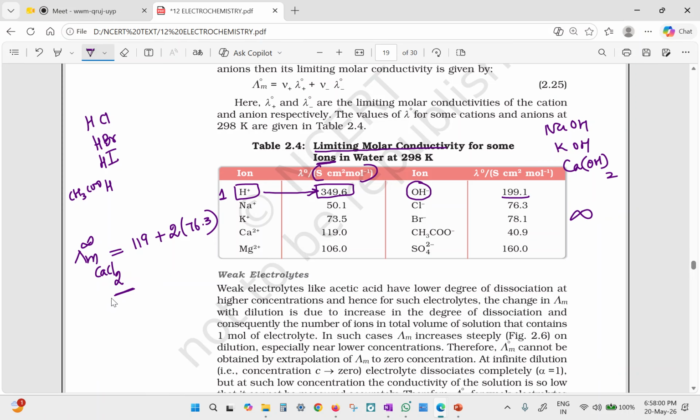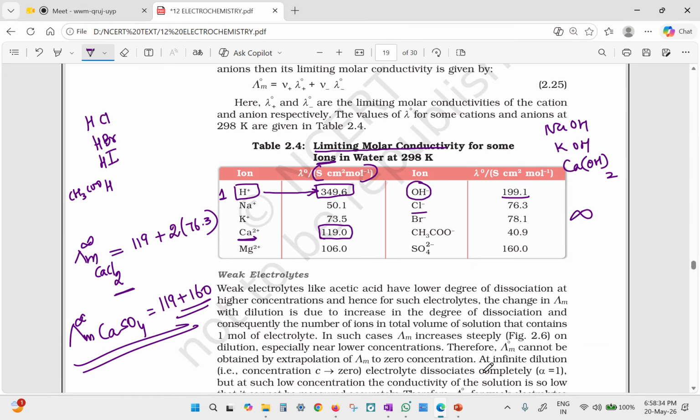So calcium can be with anybody, but calcium's ability to conduct is so much. If you want it for calcium chloride, you just go to the table, pick the values and add them. What if you want it for calcium sulfate? The limiting molar conductivity for calcium sulfate, what will you do? 119 plus 160. That itself becomes Kohlrausch's law.